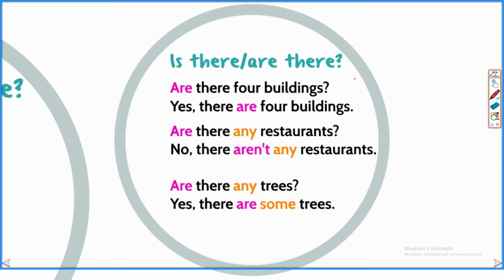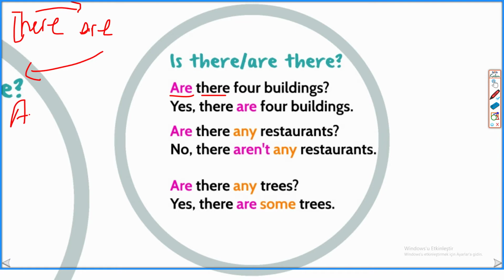Is there, are there, we are going on with the same topic. Are there 4 buildings? Yes, there are 4 buildings. As you see, for are there, we change the places and we make it are there, and yes, there are 4 buildings.